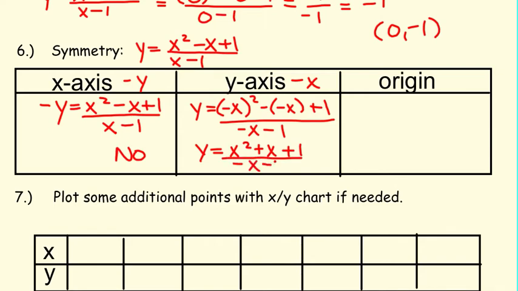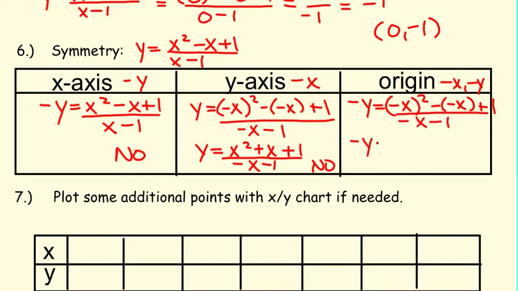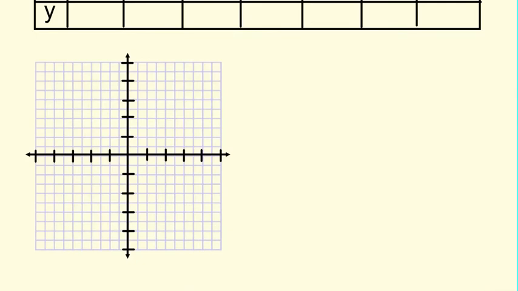We don't get the original back either. Last one, origin. Simplify in here. Don't get the original back either. So no symmetry. I'm going to hold off on finding the additional points for right now and start graphing these pieces.